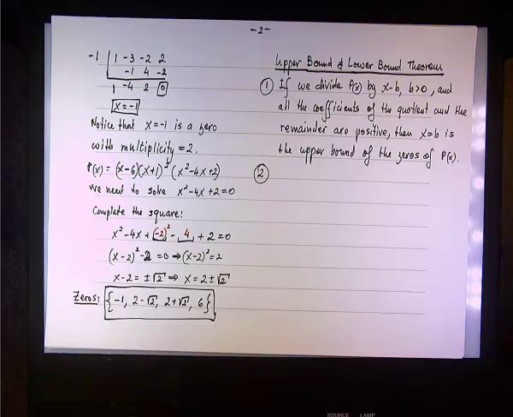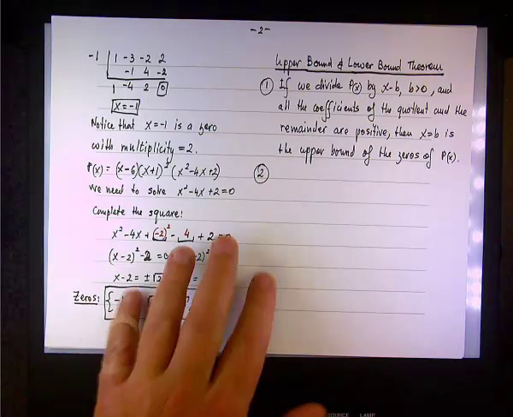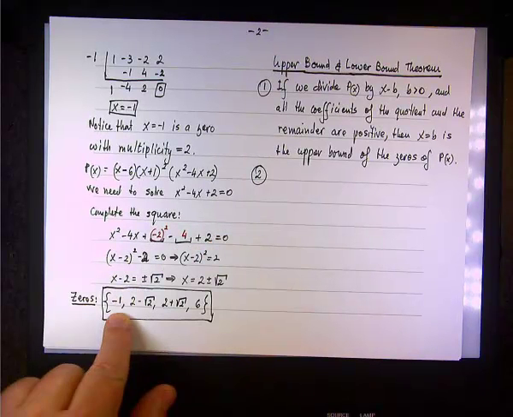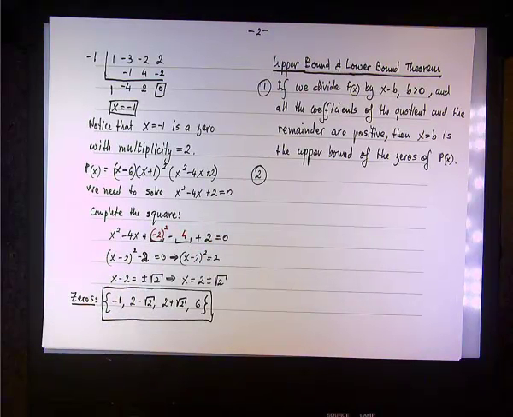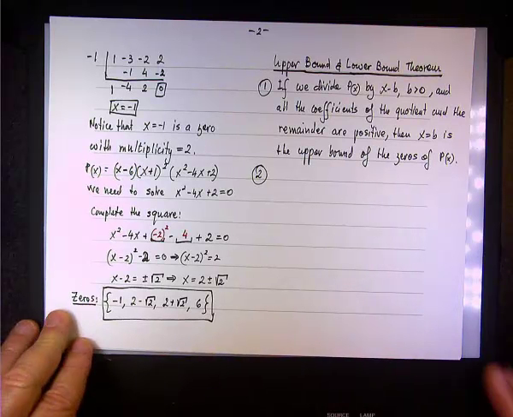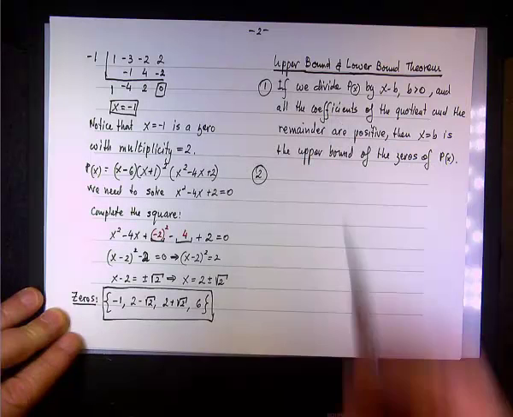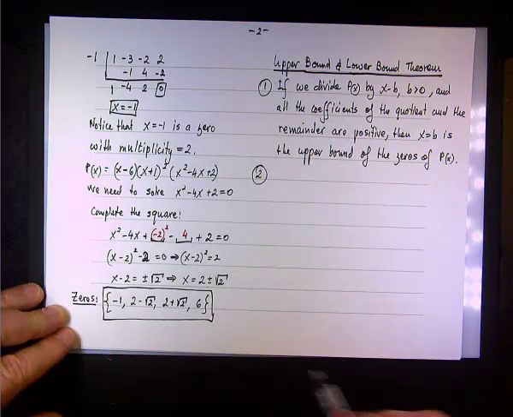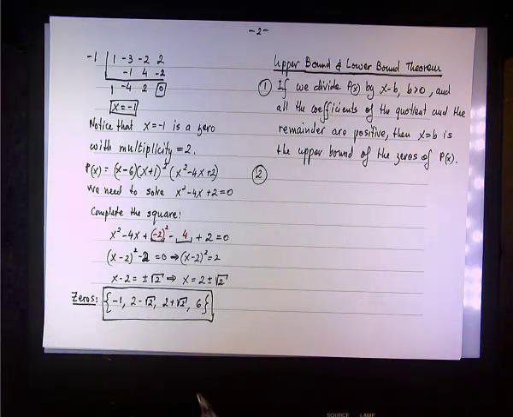In other words, we don't have another zero hiding, let's say, at x equals 12 or x equals 23. Likewise, we want to know that x equals -10 is a lower bound for the negative zeros. In this case, the most negative was -1, but we want to know that there is no zero hiding at, let's say, -15 or something like that. Okay? Does it make sense? So this is the purpose of this upper bound and lower bound business.